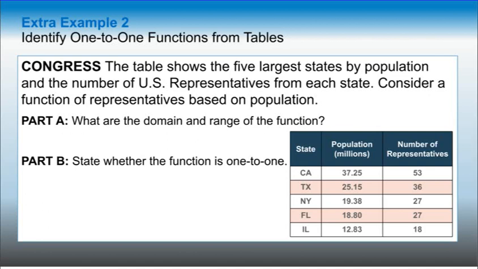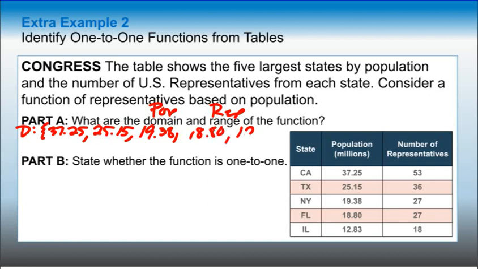So for here, the domain is going to be the population, and the range is going to be the number of representatives. So if I did the domain, I would just list all my domain numbers, which would be 37.25, 25.15, 19.38, 18.80, and 12.83.